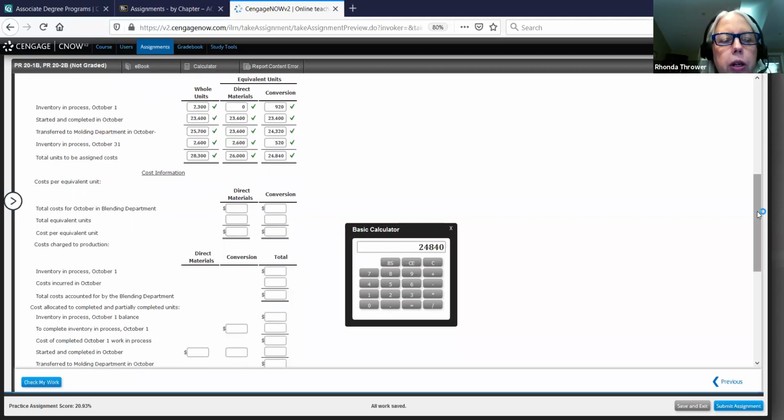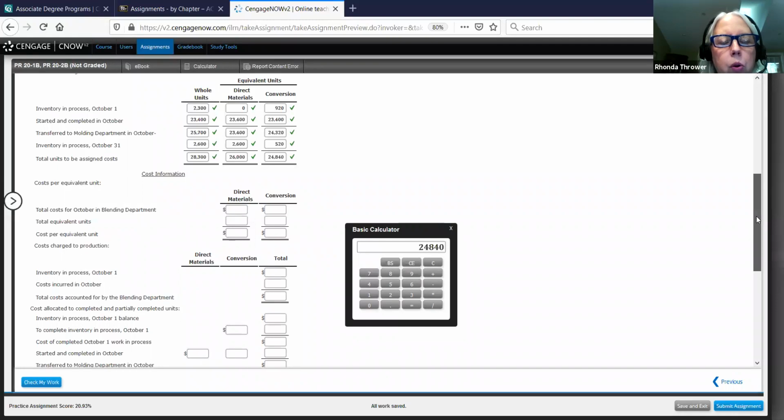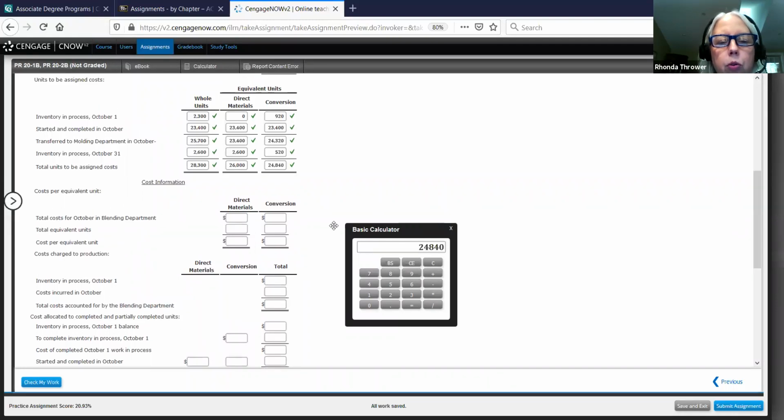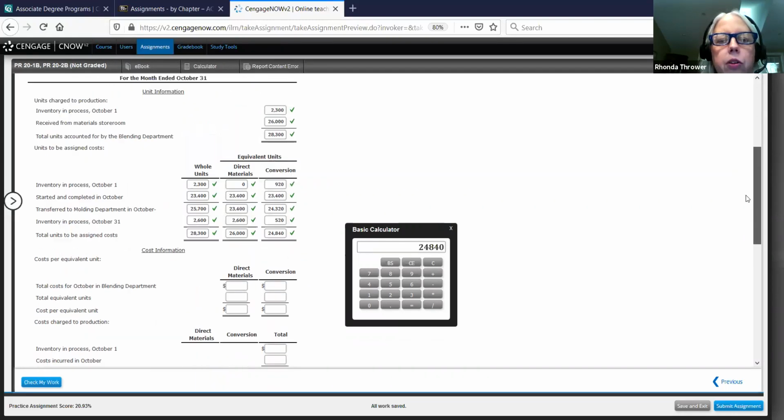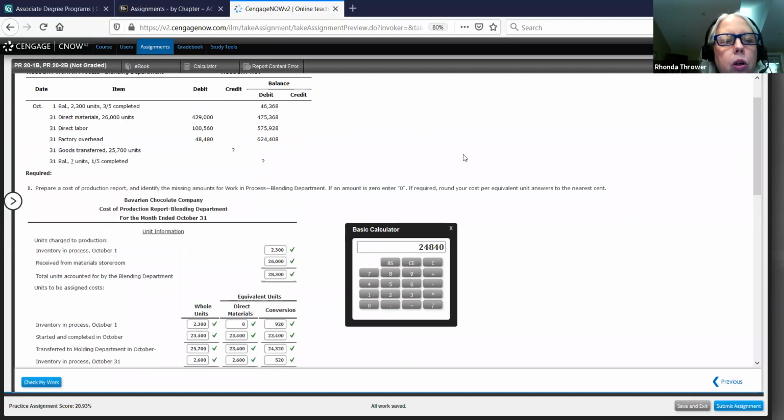So starting with the cost per equivalent unit, what they want us to put in is the total cost for October in the blending department. So the total cost for October of your direct materials in your blending department was given right here.